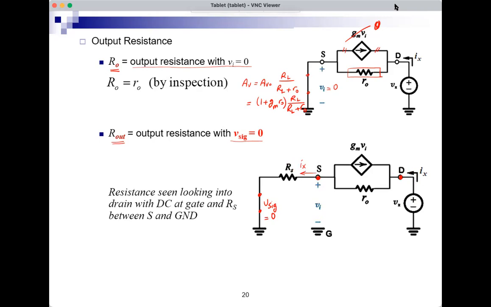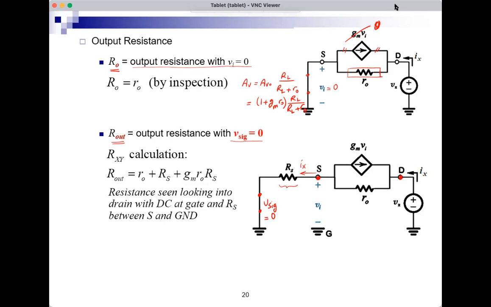But if you look carefully at the circuit, we have a rule for this. We are looking into the drain of the MOSFET with Rs between the source and ground. So this is the resistance seen looking into the drain with DC at the gate and Rs between S and ground. And we know what this is. Rout is therefore ro plus Rs plus gm ro Rs.